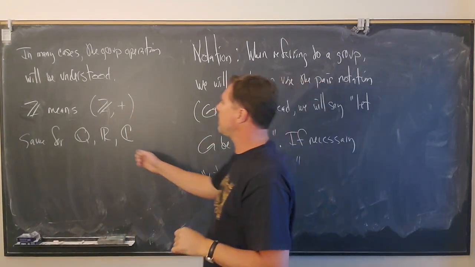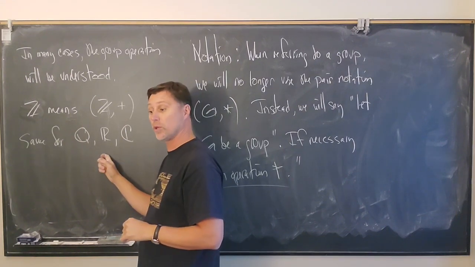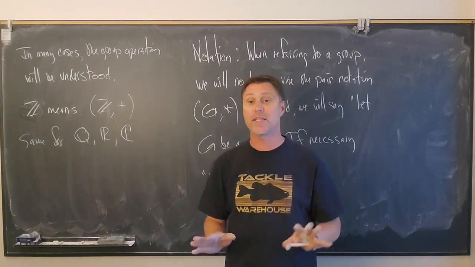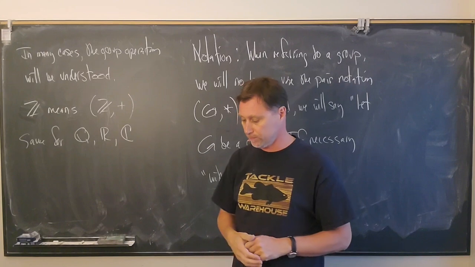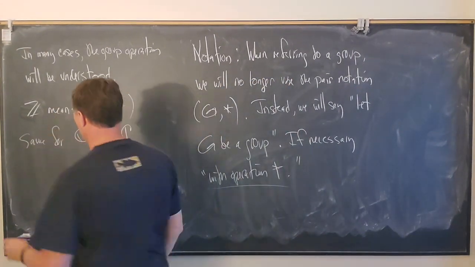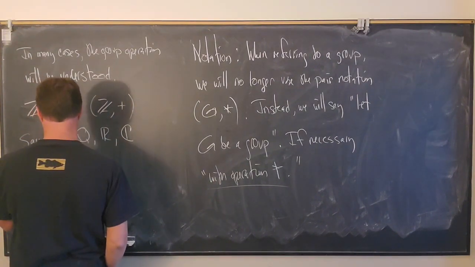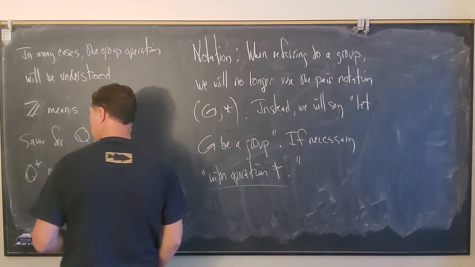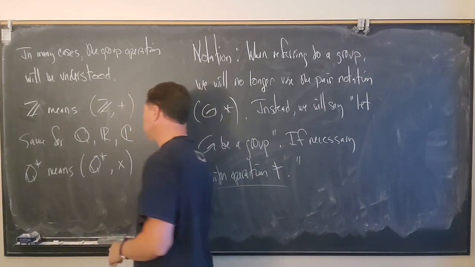If we write these symbols and we're talking about the group of rational numbers, the group of real numbers, or the group of complex numbers, by default we understand that to be addition as the operation. If I write Q star, remember that's all non-zero rational numbers, with the operation of multiplication.